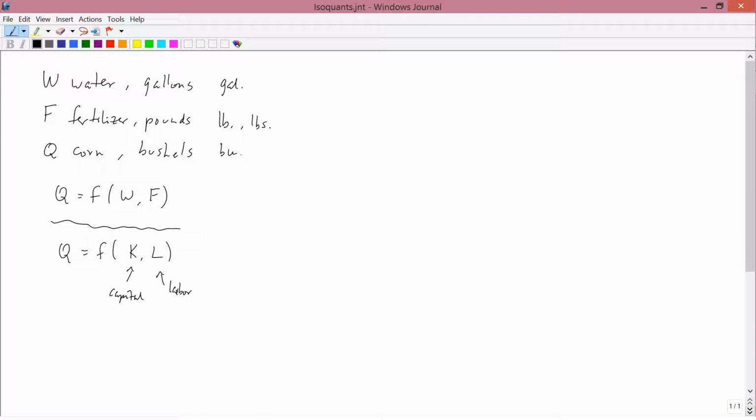This would not be a good example to start with because there's nothing abstract about the main idea of a production function. The main idea of a production function is a simple recipe that describes the engineering and scientific possibilities of production. So water here is something concrete, fertilizer is something concrete, Q is something concrete.